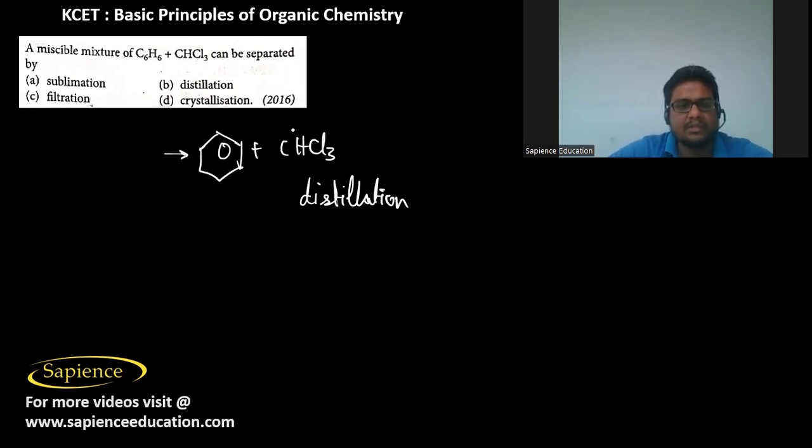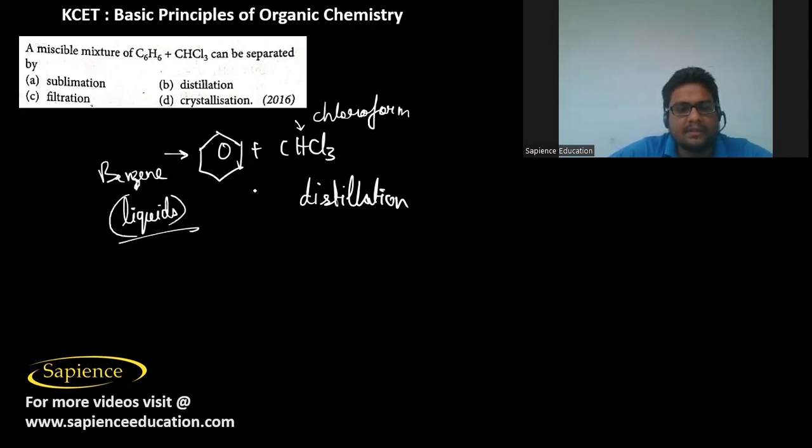They both are liquids only. CHCl3 is chloroform, and this is benzene. So they are in the liquid state only, and since they have different boiling points, they can be separated by using the distillation process or fractional distillation process. So option B is the correct answer.